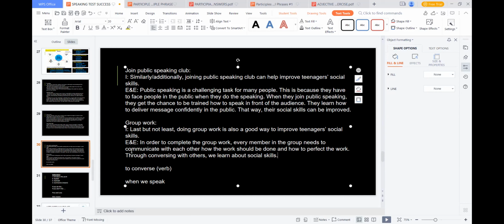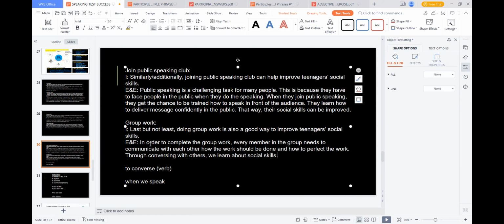Okay, so try to read it not one word for one word. Because English reading is like melody. It's just like singing. You don't sing the song like 甜蜜蜜你笑得多甜蜜. No, we don't say the word or sing the word. In speaking English, it's like melody, like 划过去, it's a flow. Like last but not least, doing group work is also a good way to improve teenagers' social skills.